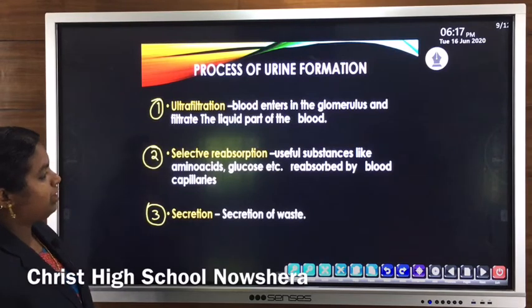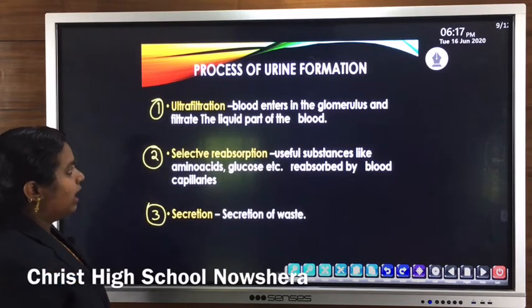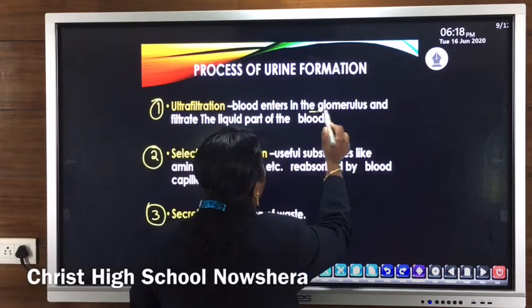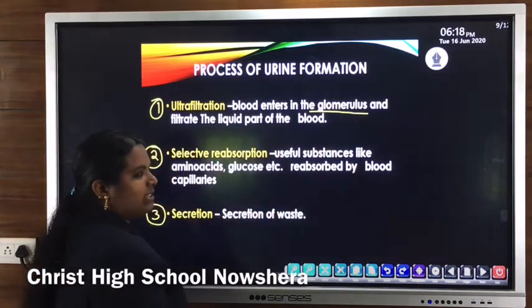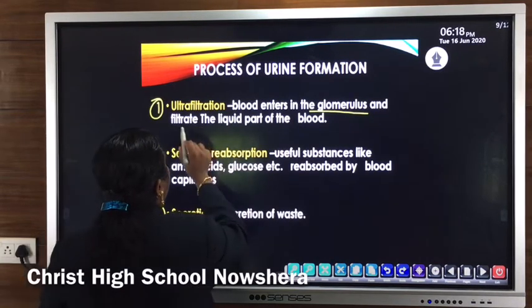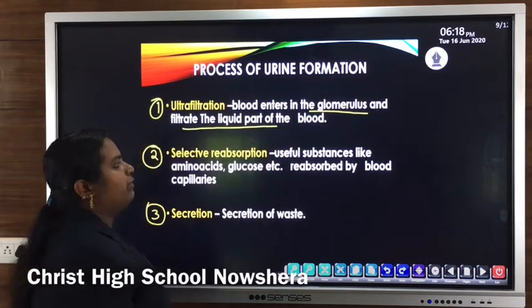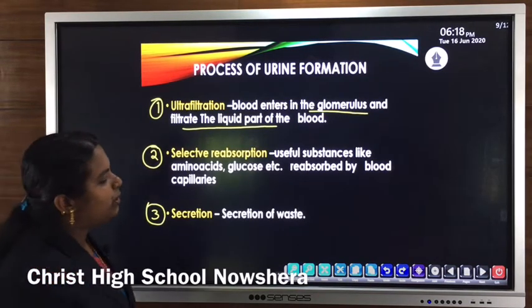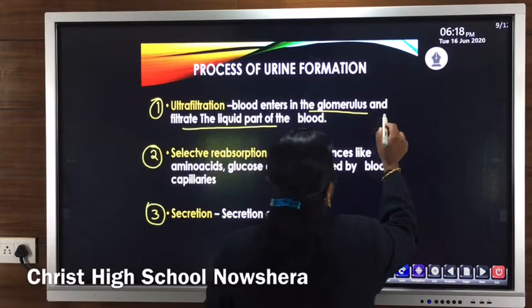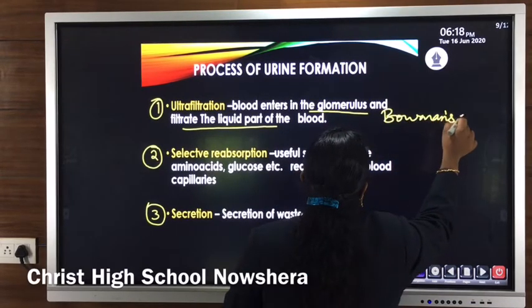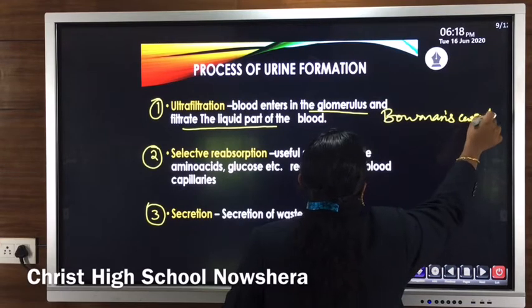During ultrafiltration, the blood that enters the glomerulus, the blood capillary, is filtered, the liquid part of the blood is filtered. This filtration process mainly takes place inside Bowman's capsule.